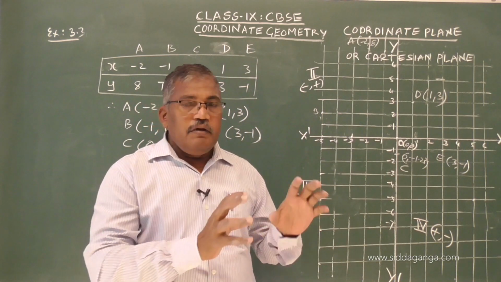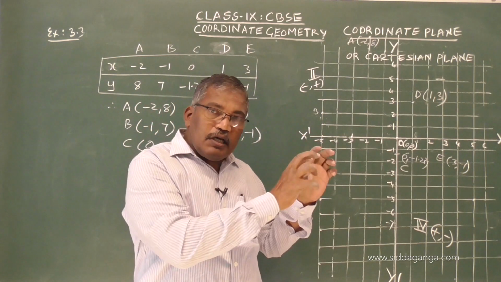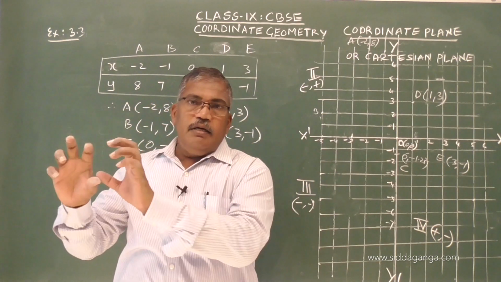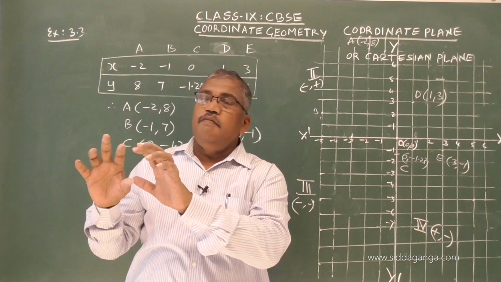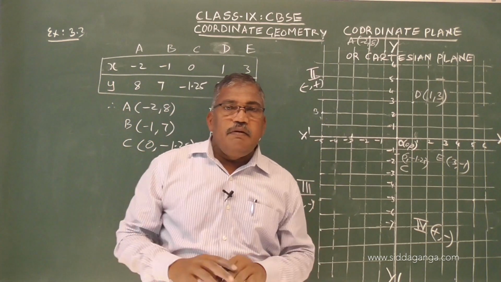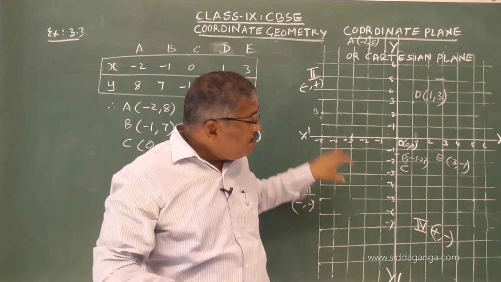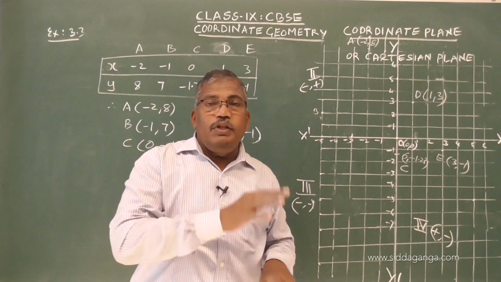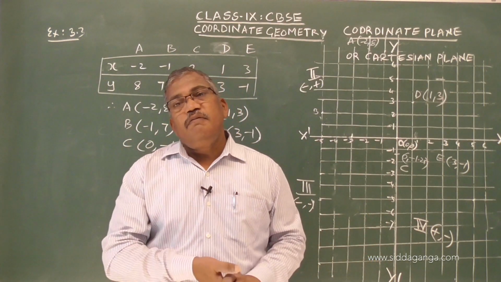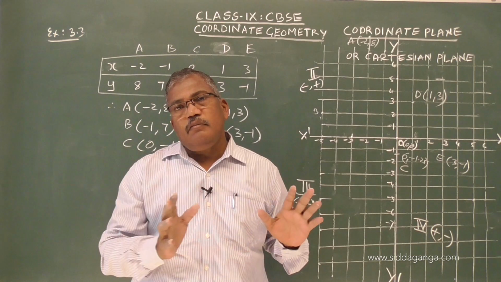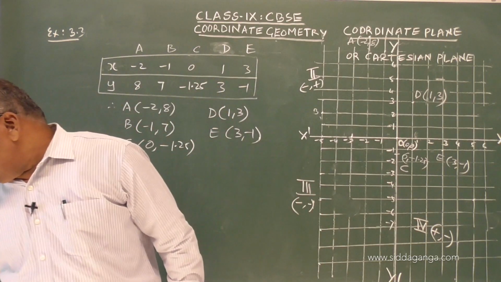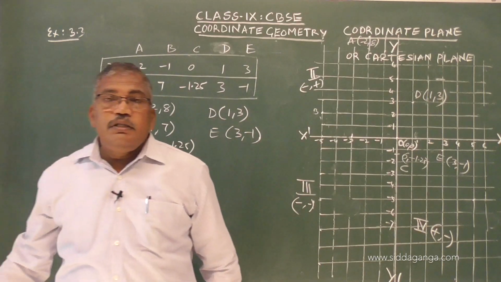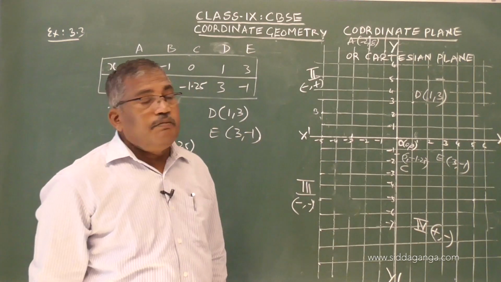So if some ordered pairs are given, we can plot them on the Cartesian coordinate system. And if a diagram is given and the points are already marked, we can take out the coordinate values of those points. This is all we have learned. So what is the use of this system of mathematics?